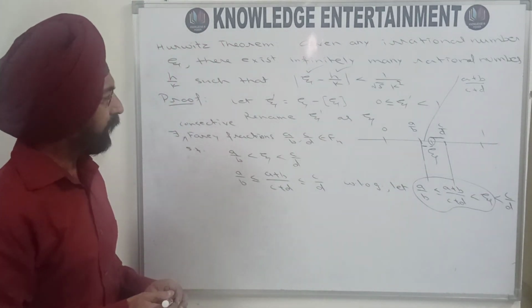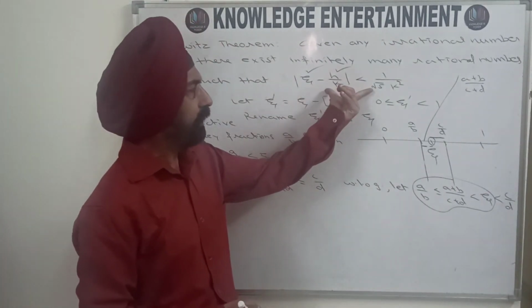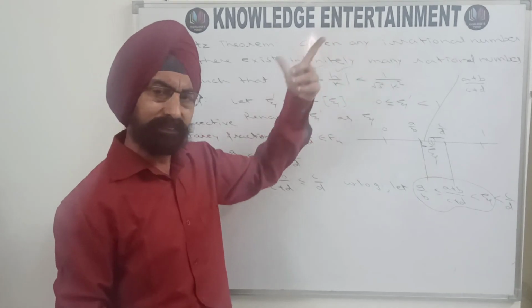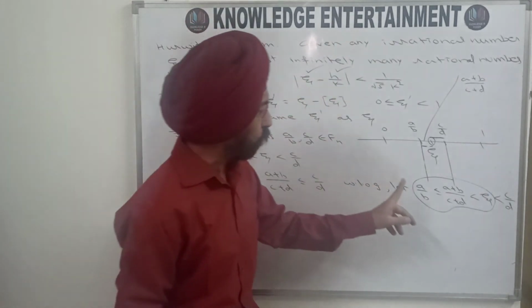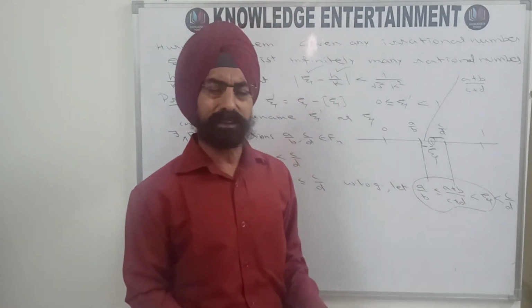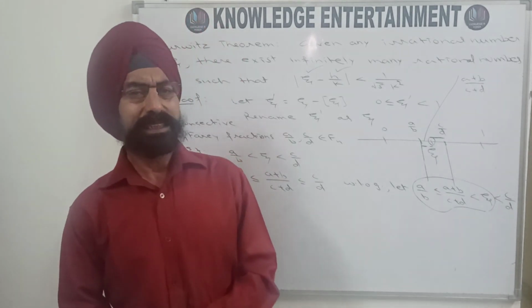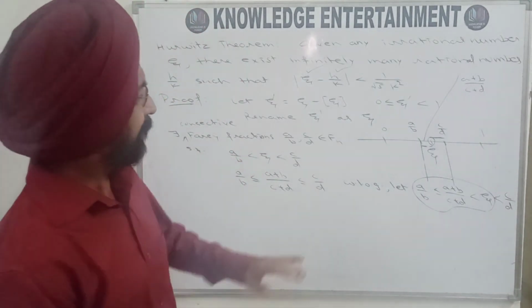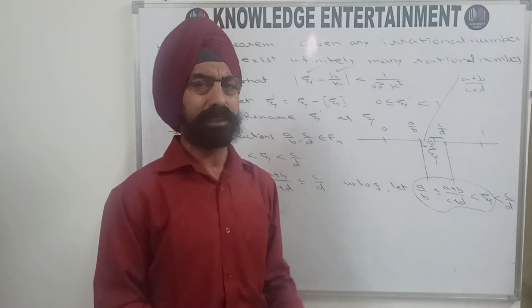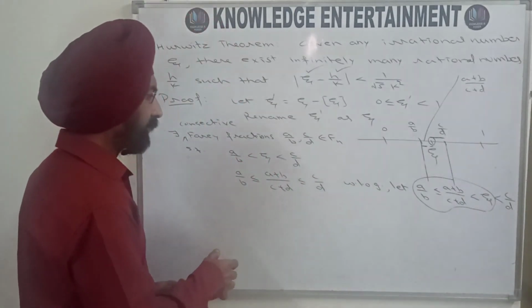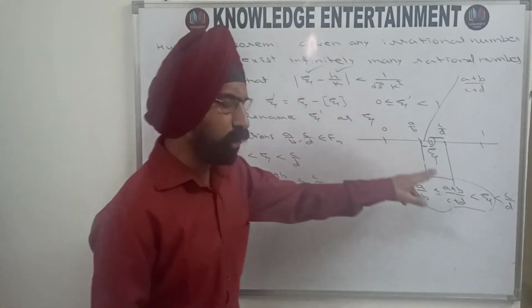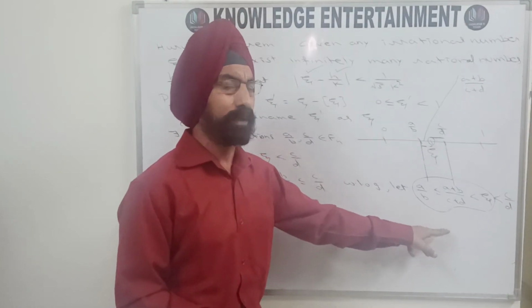So we are actually to prove that this inequality is true for infinitely many rational numbers, and we will prove that this inequality is true for one of these three numbers. On the contrary, suppose that the inequality is not true for any of the three numbers. If the inequality is not true for these three numbers, what will happen?